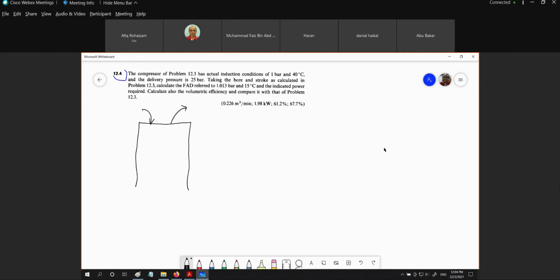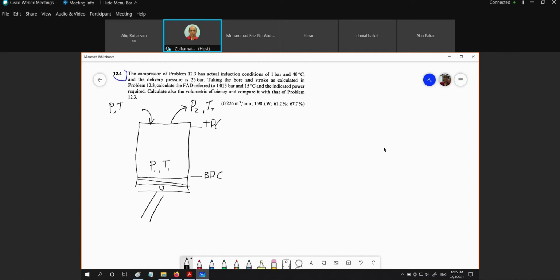So this is the piston at BDC, this is our TDC, this is our BDC. Okay, so we have right here, this is P, this is T, this is P1, this is T1, this is P2, okay, and T2.